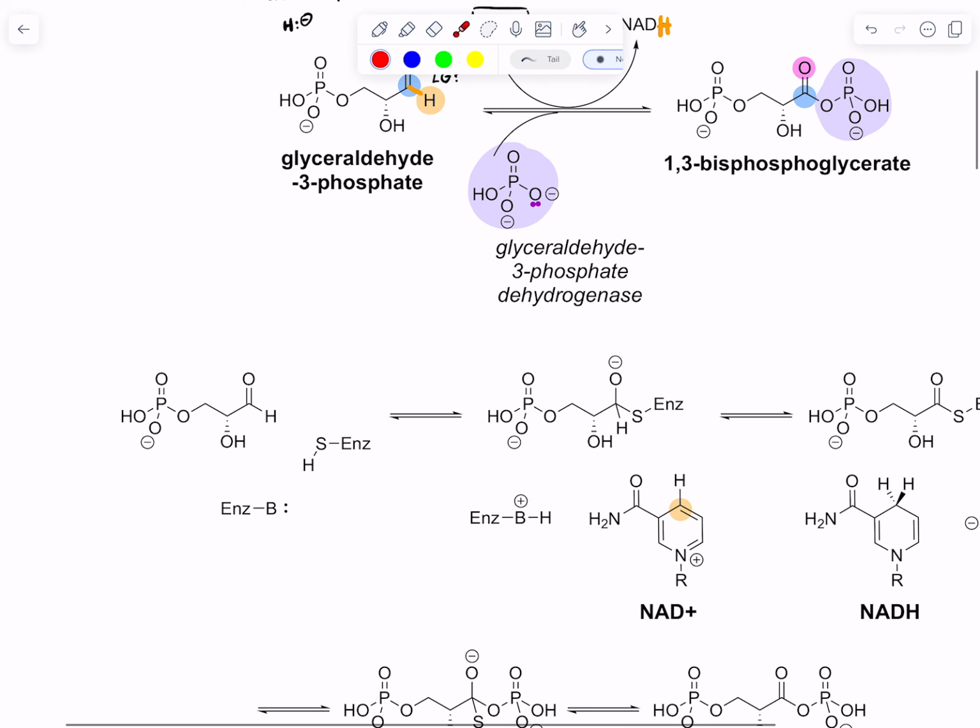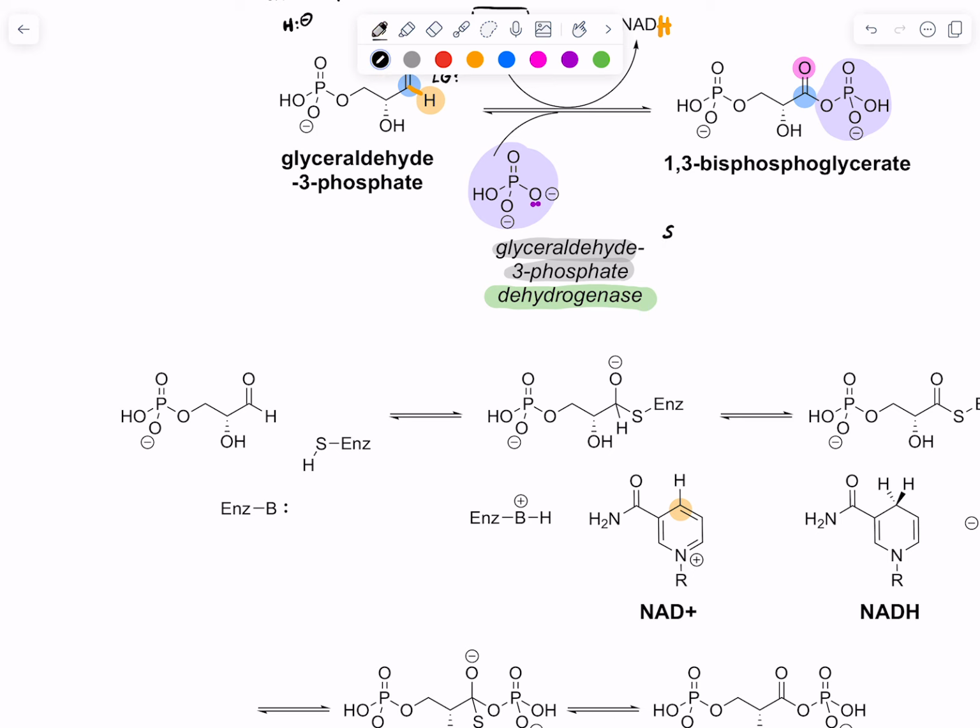Oh, and before I say that, this kind of enzyme is called a dehydrogenase. Enzymes are typically named for the molecule or molecules they work on. That is sometimes called the substrate.